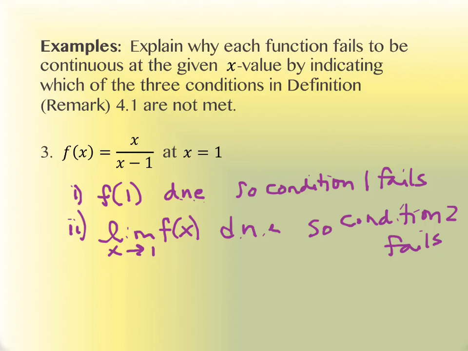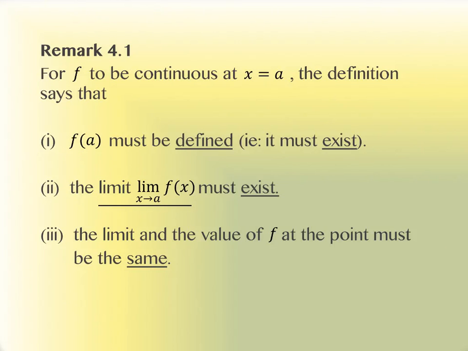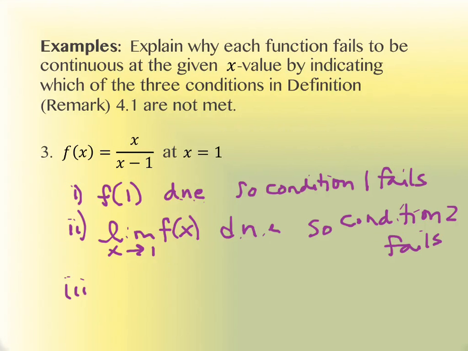You don't always fail all the conditions, but on this one we will. The third condition talks about this limit and this function value being the same. Well, obviously they can't even make sense to be the same because neither one even exists. Make sense? We can't even talk about it in that way. It doesn't even make any sense to talk about.